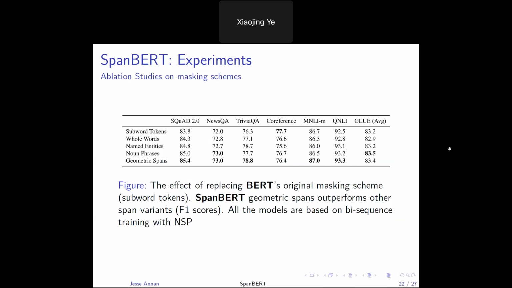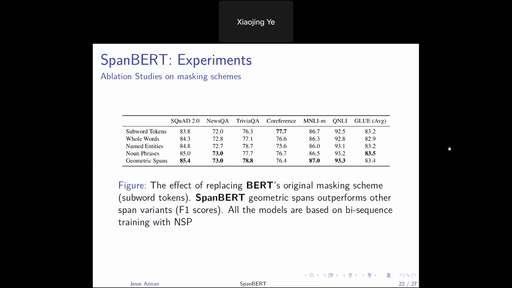So the sampling in the Coreference is similar to what they did in BERT. They sample 15% and perform their masking on it. But for the named entities and the noun phrases, I think the sample is 50%, and they perform the masking technique on it. And looking at this, you can see that SpanBERT performs better in all except this.